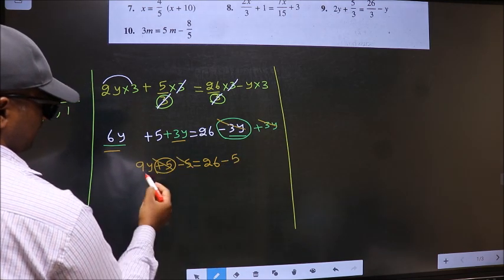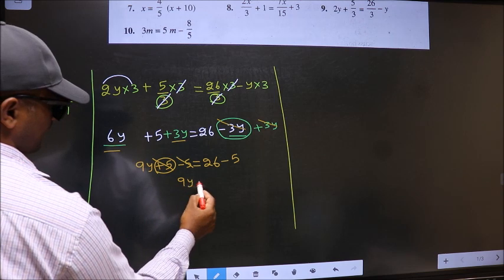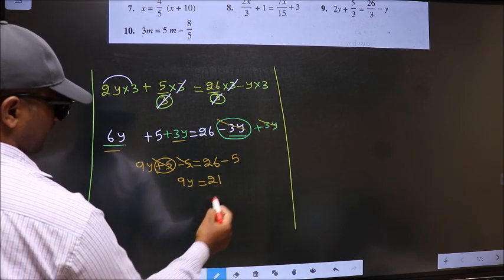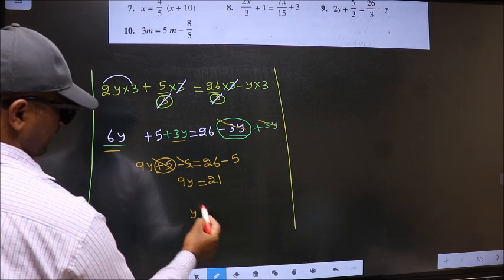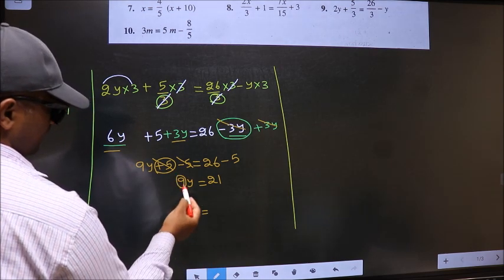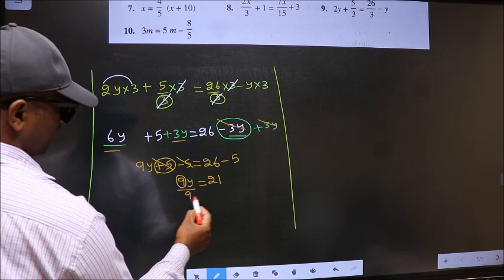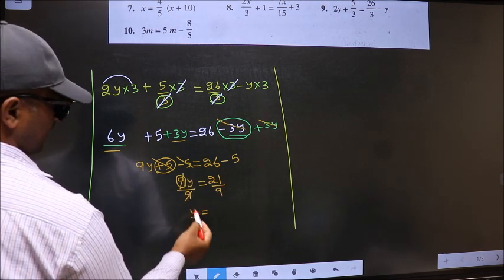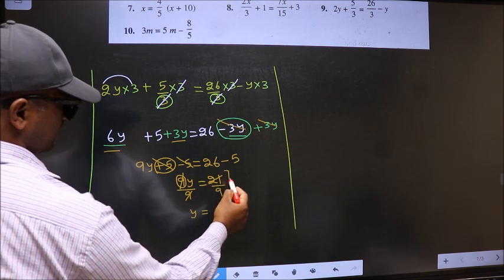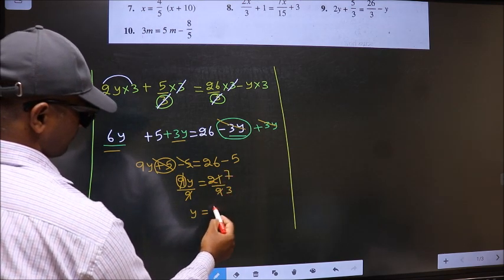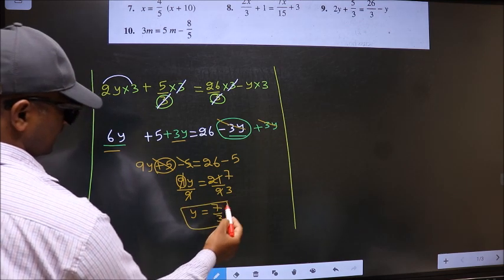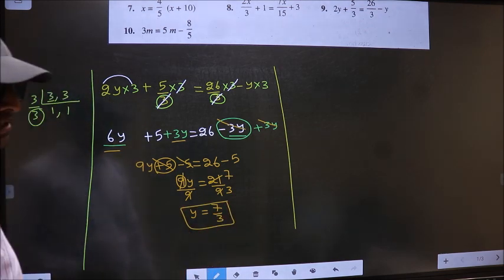So plus 5 minus 5 cancel out, you get 9y equal to 26 minus 5, 21. Now to get y, we should remove 9. So to remove 9, we should divide by 9. So this cancels out, here y, and here 3 7s are 21, 3 3s are 9. So y equal to 7 by 3 is our answer.